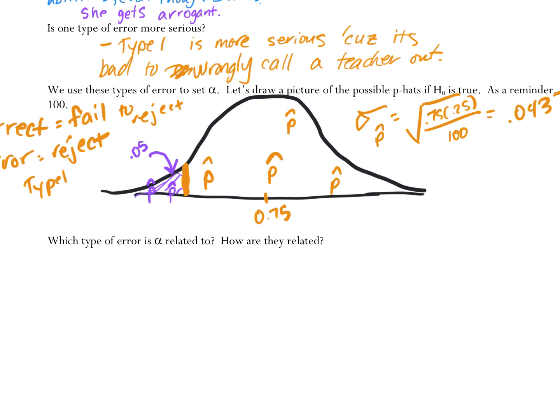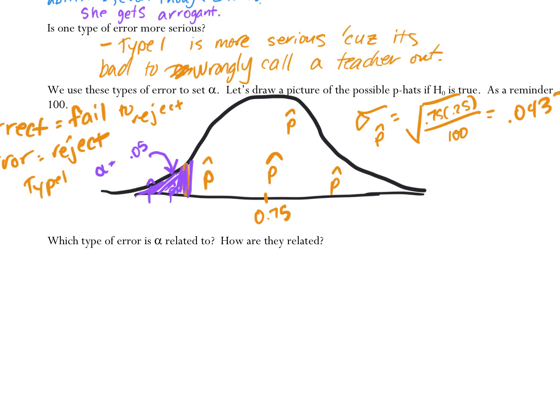Like, if my p-value is less than 0.05. So essentially, this area here is alpha. Is everybody with me? Because it's whatever that cutoff value is where I need my p-value to be less than it. So if I use alpha equals 0.10, that would be here.